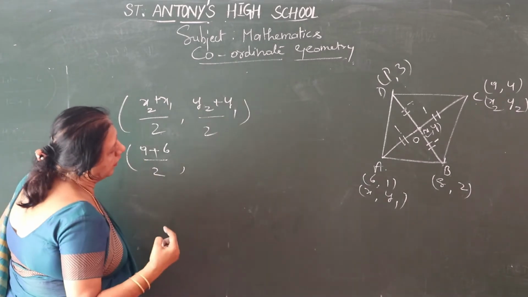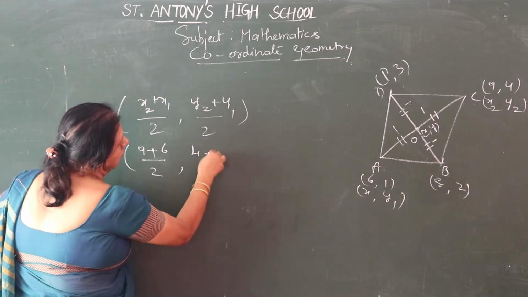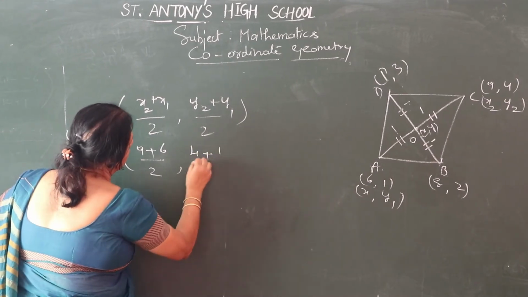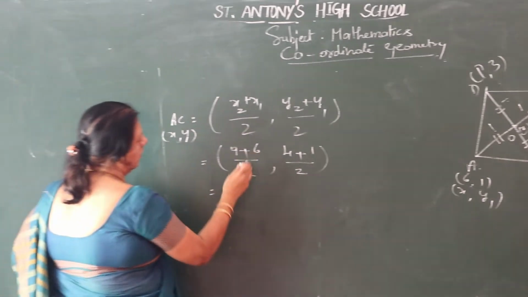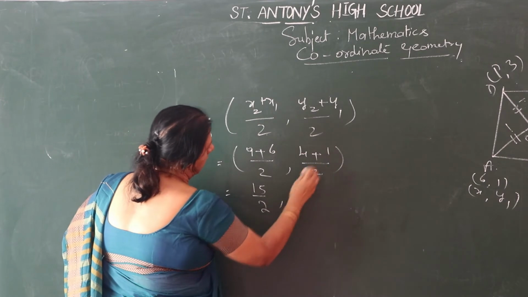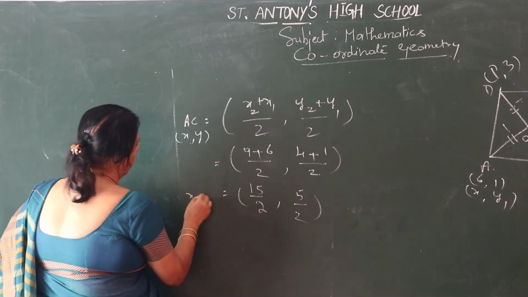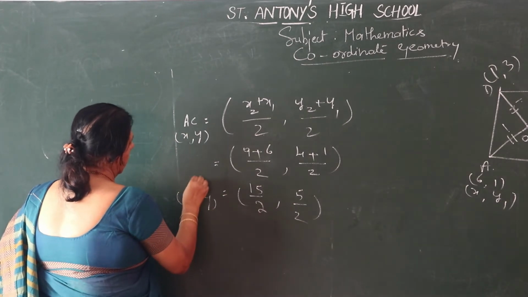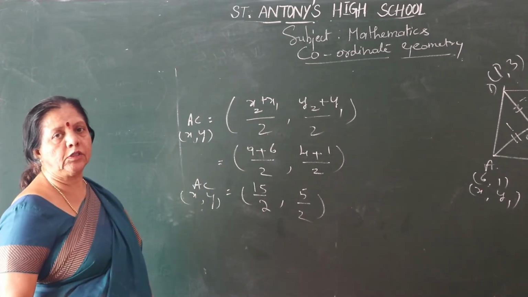Comma. What is y2? y2 is 4. What is y1? 1 by 2. So that is 9 plus 6, 15 by 2. Another, 4 plus 1, 5 by 2. This is x and y for AC. Diagonal AC. Follow it, children.